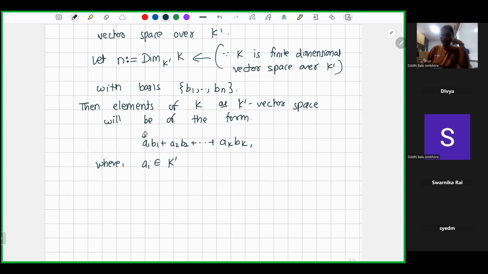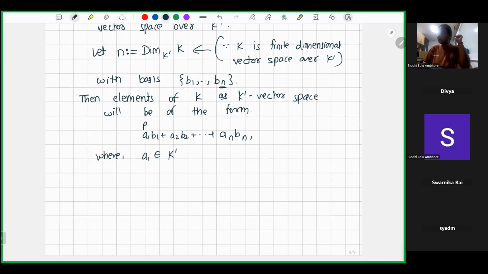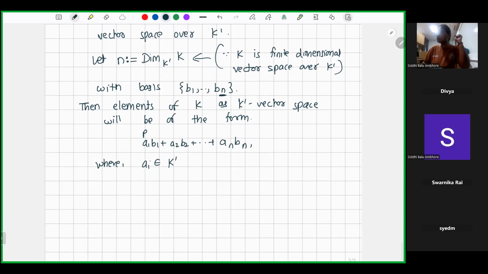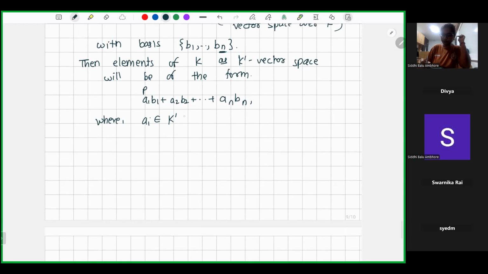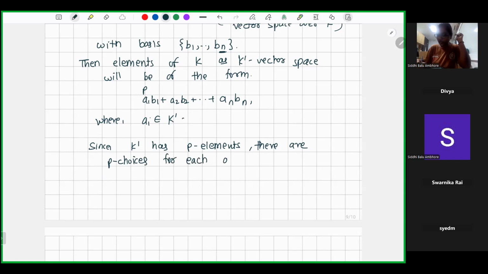Each of these elements has P possibilities, right? Sorry, this is N. B here is N. So since K dash has P elements, there are P choices for each AI.